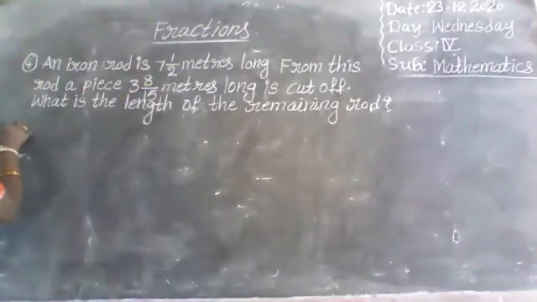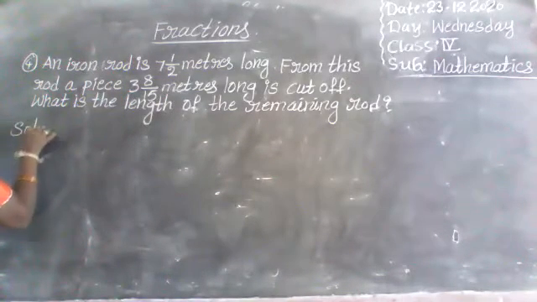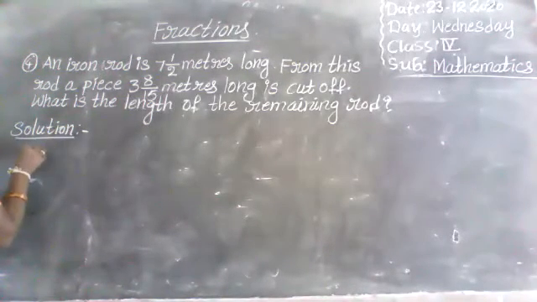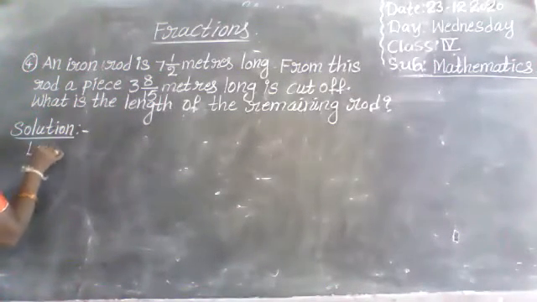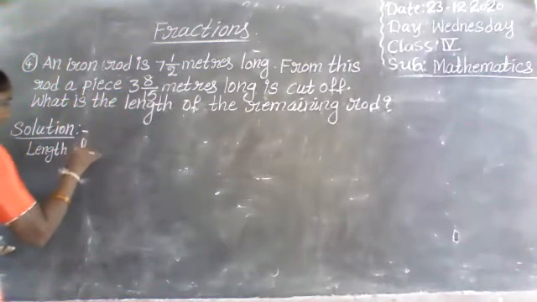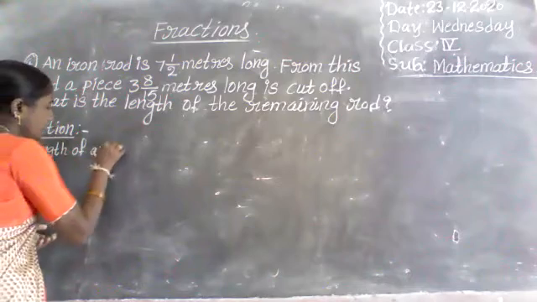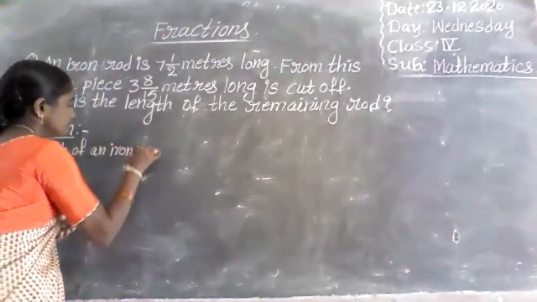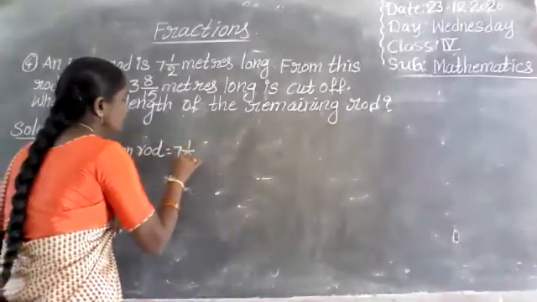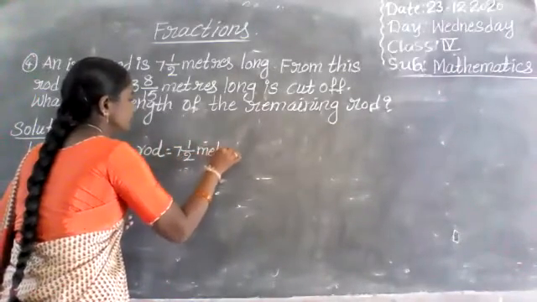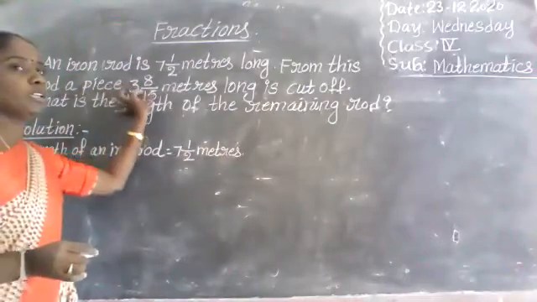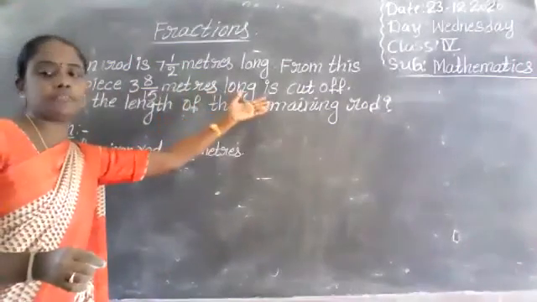So first step. Length of an iron rod, 7 whole 1/2 meters. Next, from this rod a piece 3 whole 8/15 meters long is cut off.